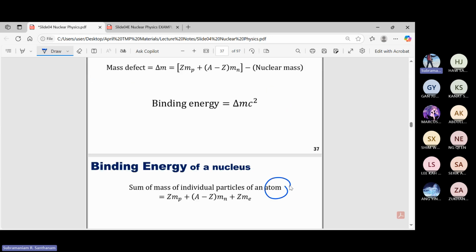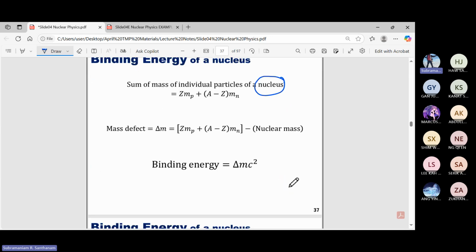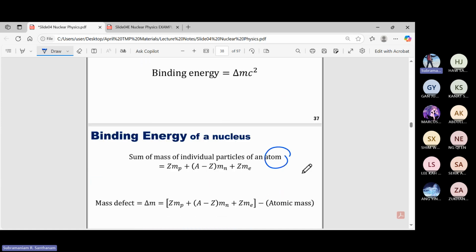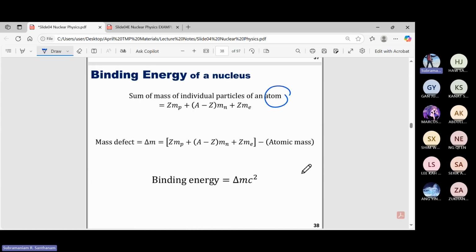When you are looking at a nucleus, you are zooming into the nucleus, so it is just the mass of the proton plus the mass of the neutron. But when you are looking at the whole atom, then you have the nucleus plus the electrons. So the total mass has to be the mass of the proton plus the mass of the neutron plus the mass of the electron.